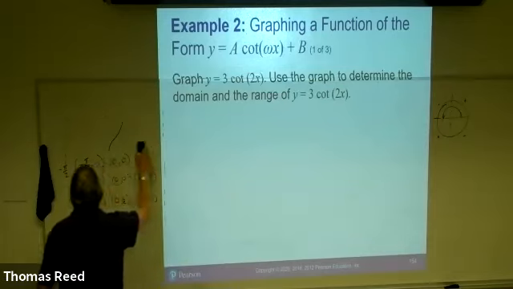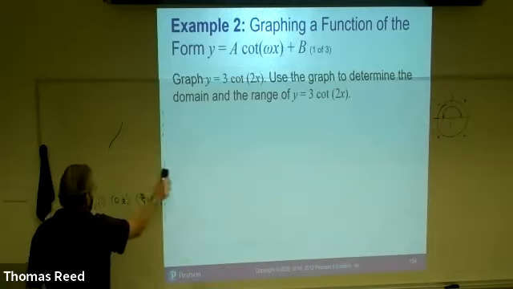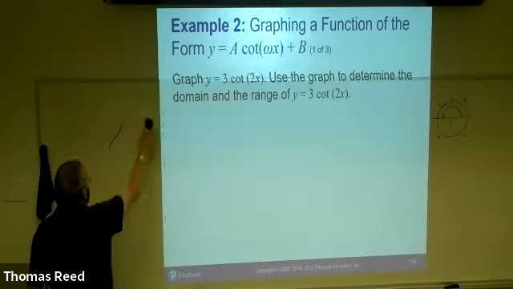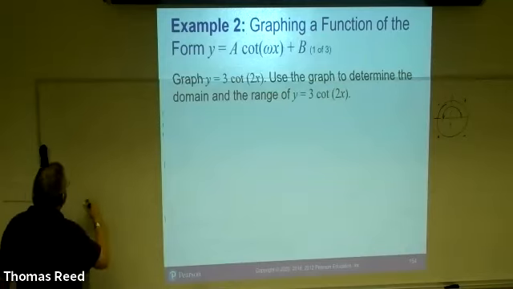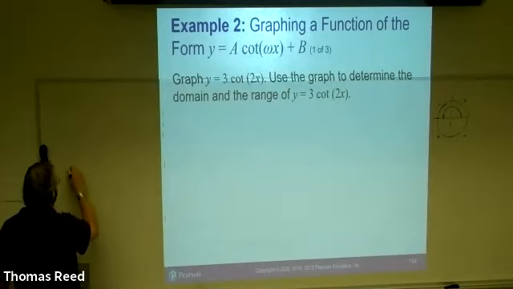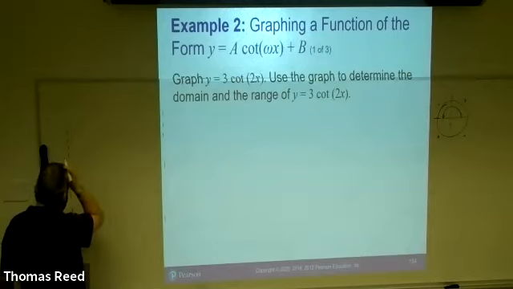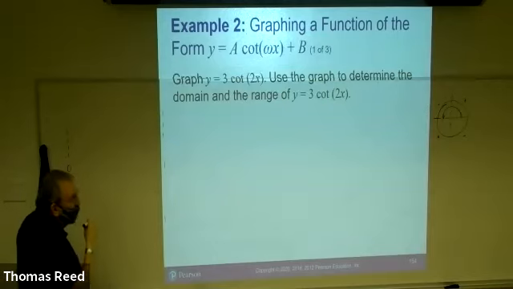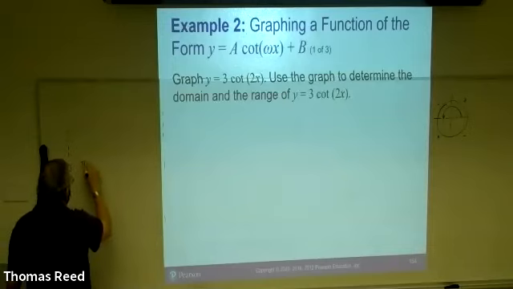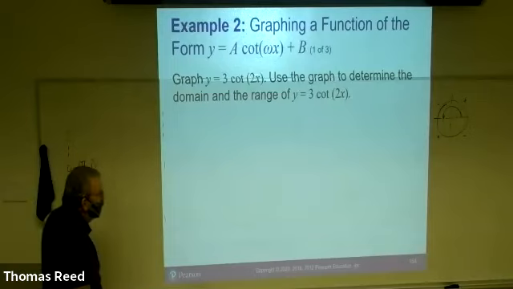So now I'm going to look at those key points. All right. The key points at 0, I'm going to have a vertical asymptote. And then at pi over 4, it's at 1, right?